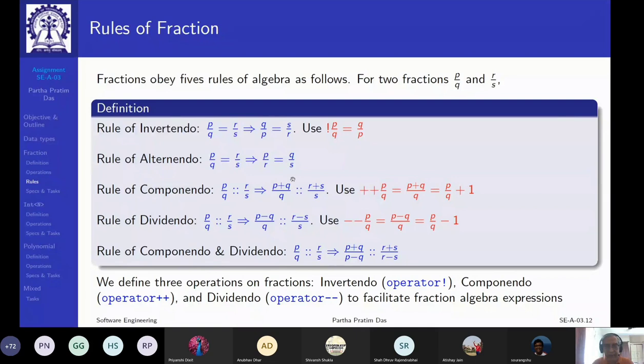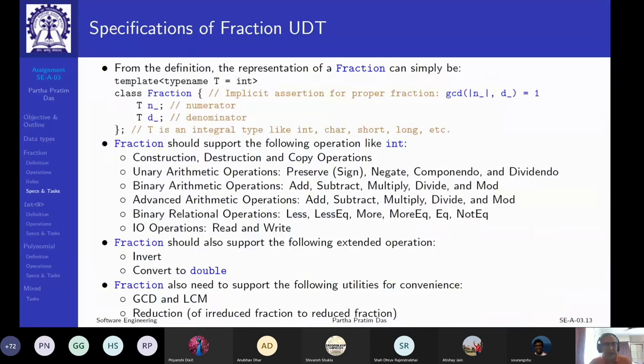So they can be thought of as prefix or postfix increment or decrement operators. So given this, the specification of the fraction UDT is, now the representation here is, Sir?